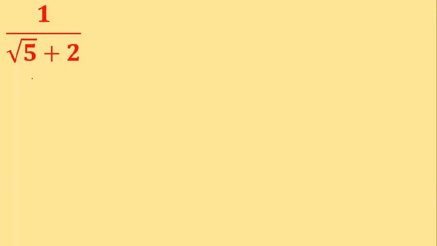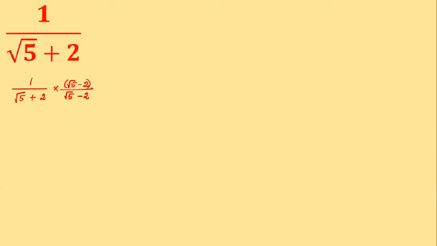Now take the next example, 1 by root 5 plus 2. Now by what number do you have to multiply to make it a rational number? We have to multiply by root 5 minus 2. If it is root 5 plus 2, multiply by root 5 minus 2.